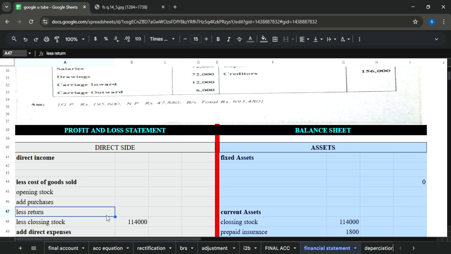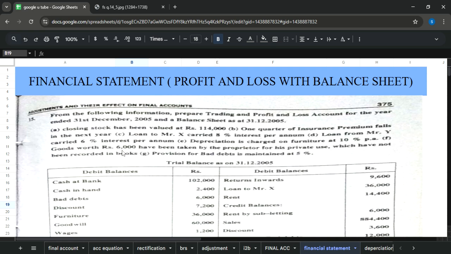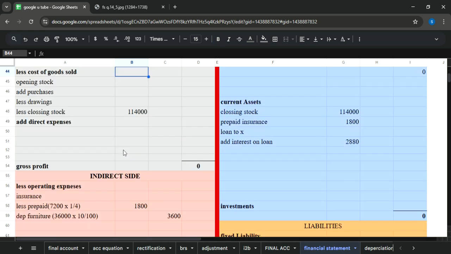Otherwise, we will add one more line. For the time being, instead of this, we are going to write drawings. So goods are going out. That is why due to drawings your purchases decreasing. Amount of drawings 6,000. So here you will mention amount of drawing as 6,000.